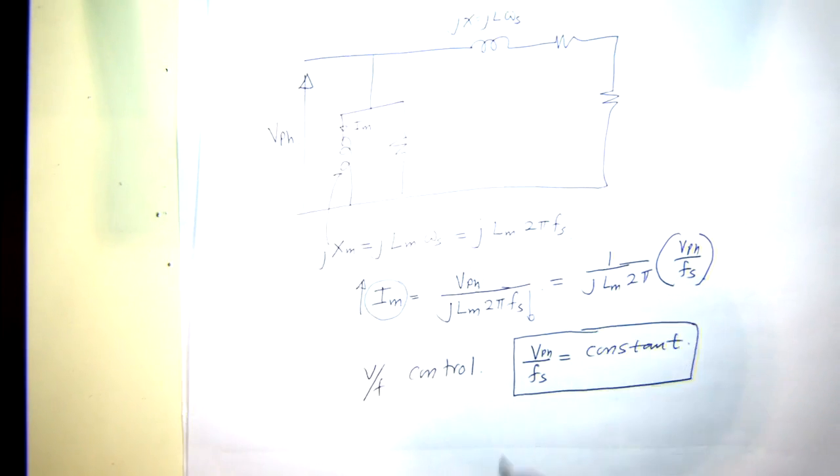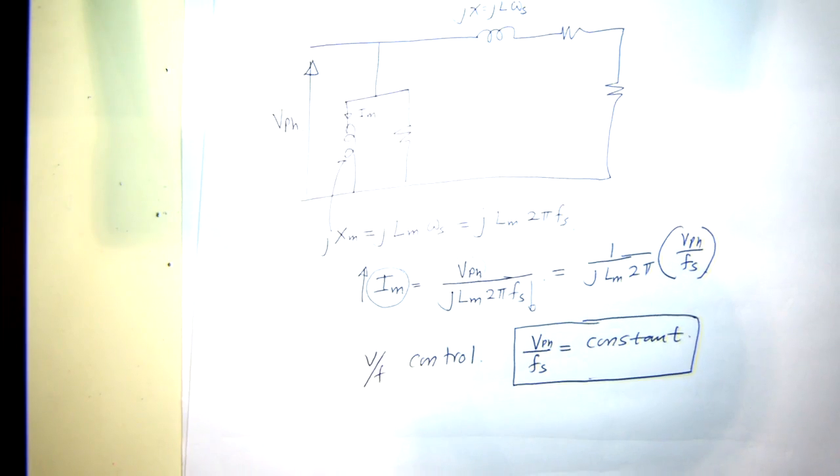The main objective of this is to keep the magnetizing current constant, so it's magnetized at the same level under all frequencies and it's not going into saturation. And the peak torque that you can produce in the induction machine will be fairly the same because the magnetizing current is the same as well.